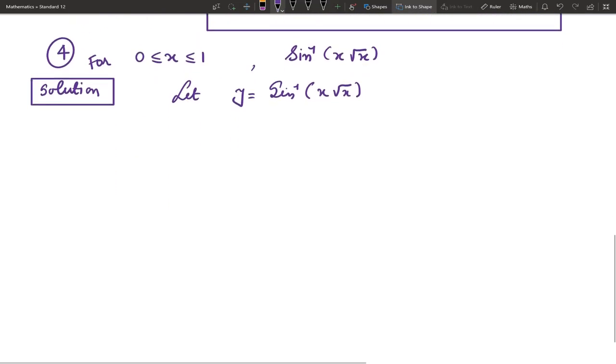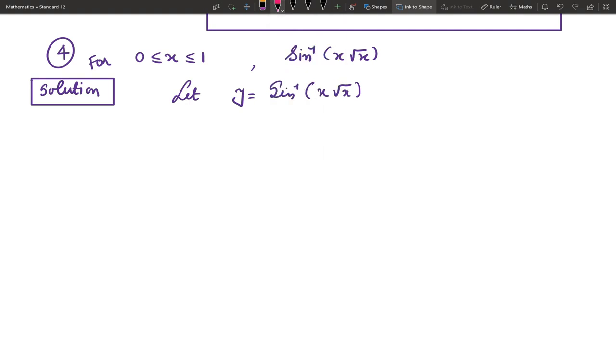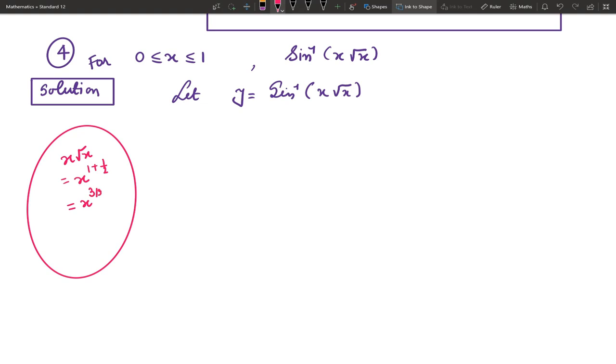First you check this simplification. x into root x. So actually this is nothing but x to the power 1 plus root x means 1 half. So this is x raised to 3 by 2. So actually y is nothing but sin inverse of x raised to 3 by 2.